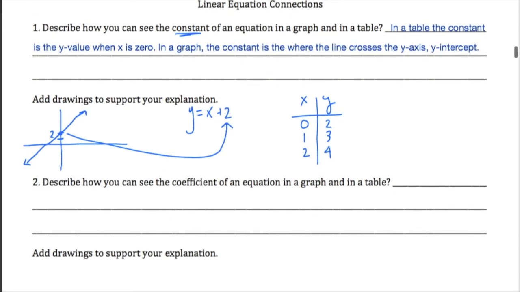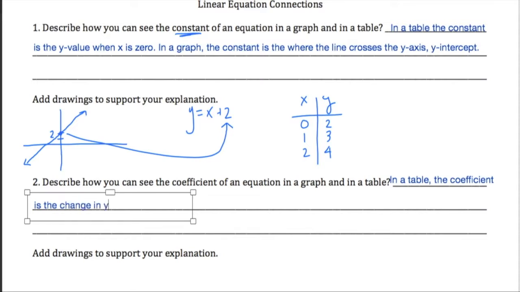What about the coefficient? So in a table, we'll go back to that since we last were there. In a table, the coefficient is how much is the change in y divided by the change in x.